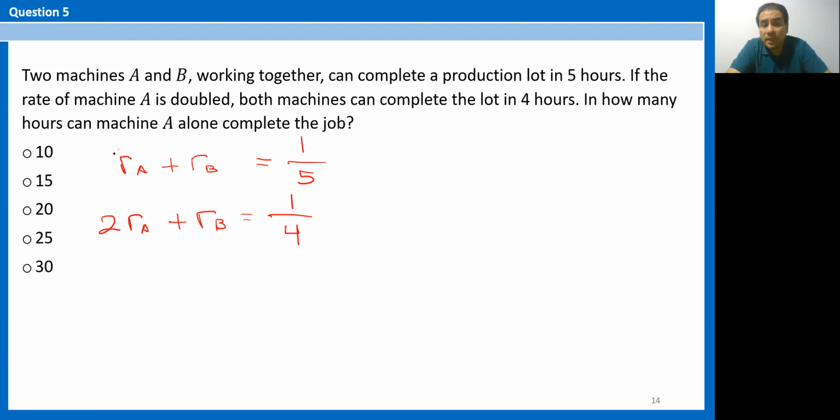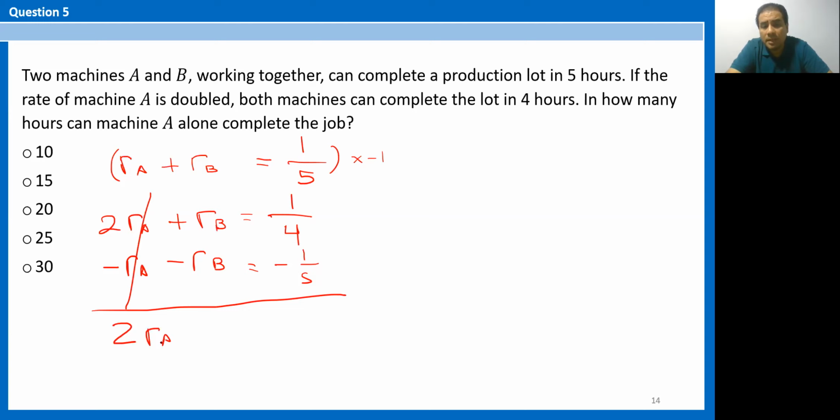So if you just multiply this by -1, right? You just get here minus RA minus RB equals -1/5. Add the two of them. Here you just get 2 RA plus, here RB just goes away. So 0, and then 1/4 minus 1/5.